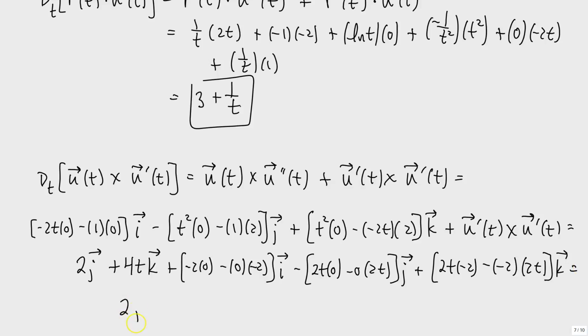And if we clean that up, that's 2j plus 4tk, because that'll be 0, that'll be 0, and that'll be negative 4t plus 4, that'll be 0.